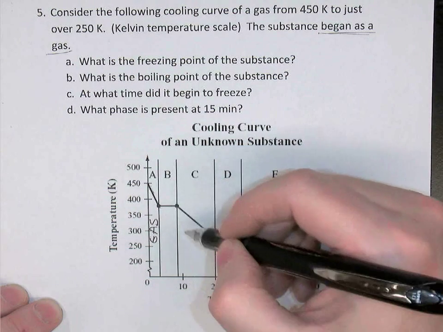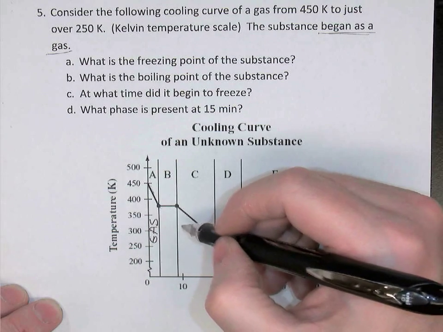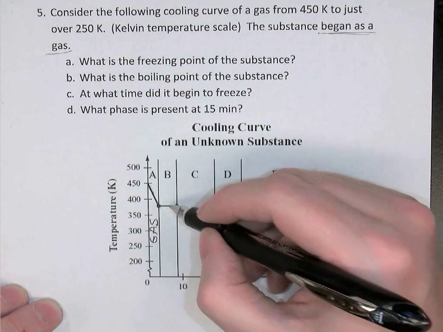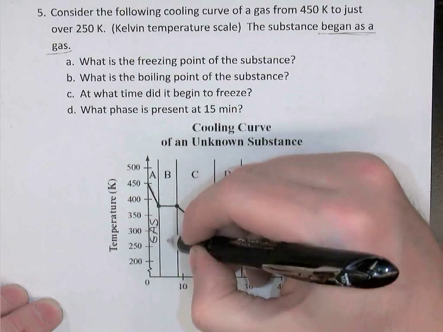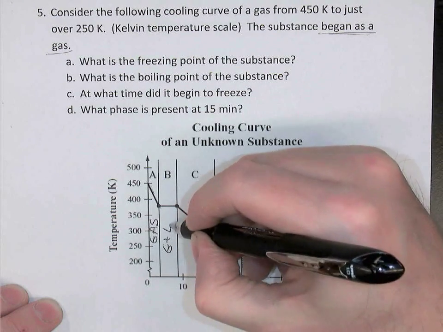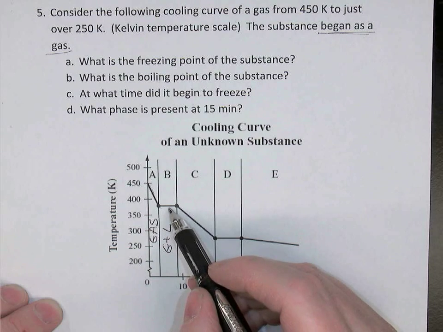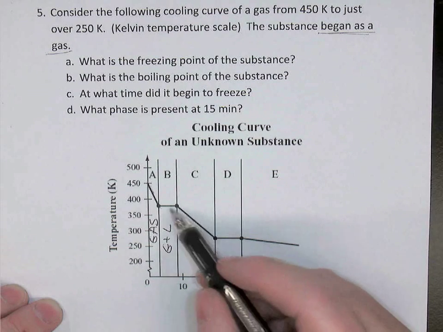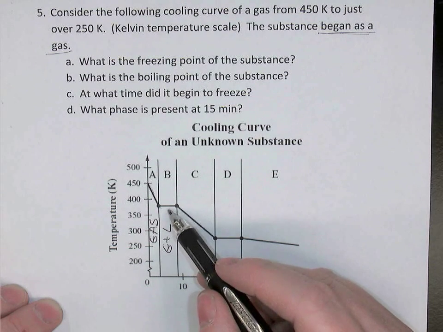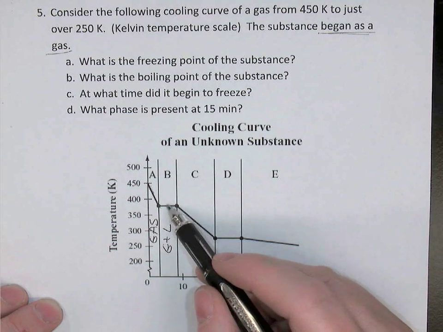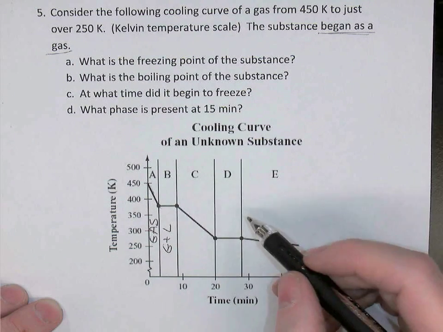This first plateau represents the first phase change, so we're going from a gas to a liquid. So in here we're going to have both gas and liquid present, and that's where the gas is condensing. If we were reading it the other way around, warming up, this is where the liquid would be boiling, turning to gas.